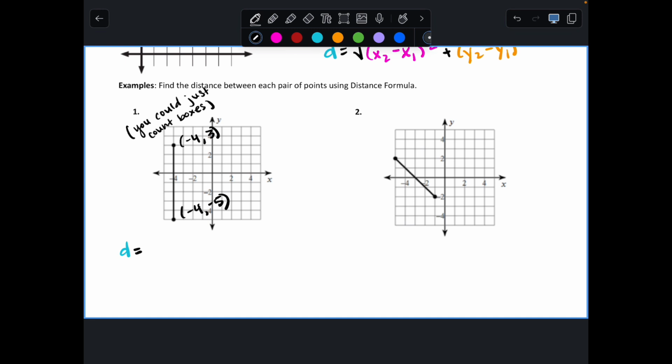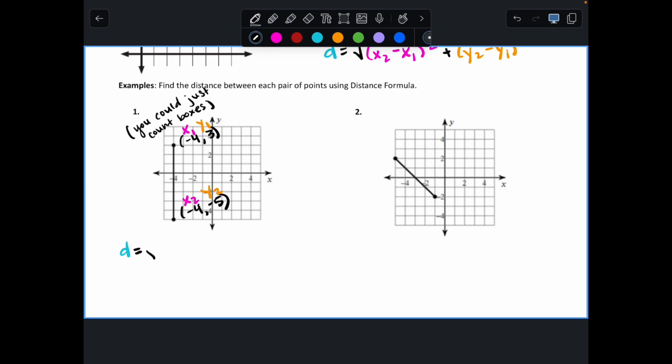Now, it doesn't matter which one is point 1 and which one is point 2 because we're not partitioning it into a ratio. You could make either one point 1 or point 2 as long as the 1's are together and the 2's are together. So if I make this one x1, this one has to be y1. And the other one would be x2, y2.